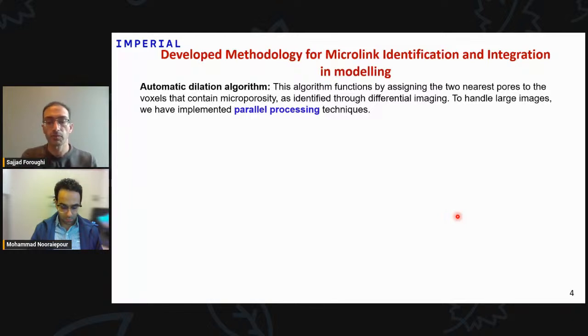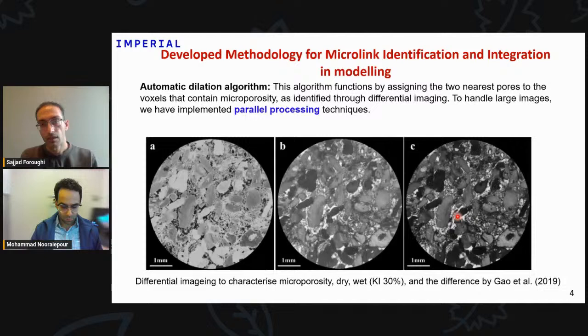We assign two pores to each microporous voxel, which are the nearest pores. All of the microporous voxels with the same pair of pores belong to one microlink that connects these two pores to each other.